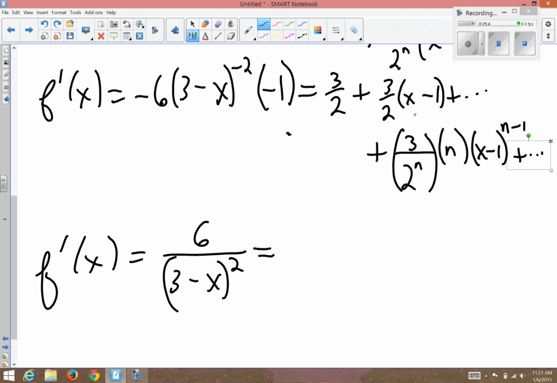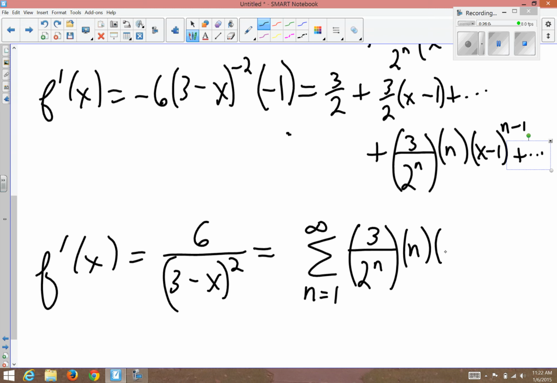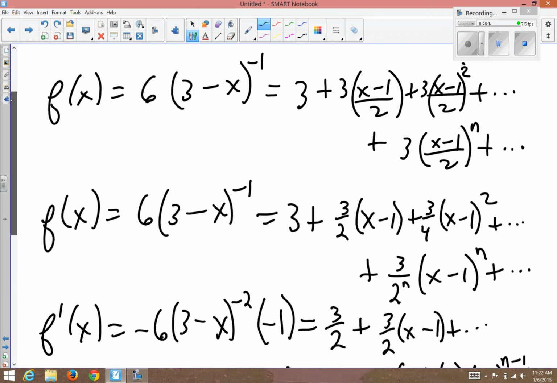And this infinite series can be written as sigma n equals 1, not 0 anymore, to infinity of this general nth term, 3 over 2 to the n times n times (x minus 1) to the n minus 1. And the interval of convergence would be the same as the interval of convergence for the original function.